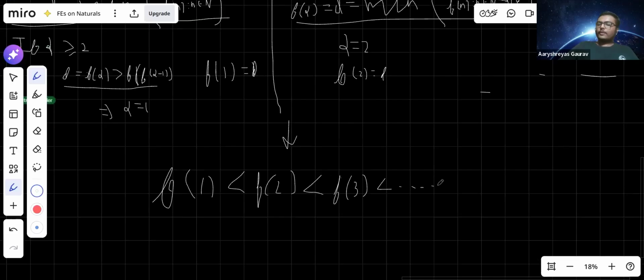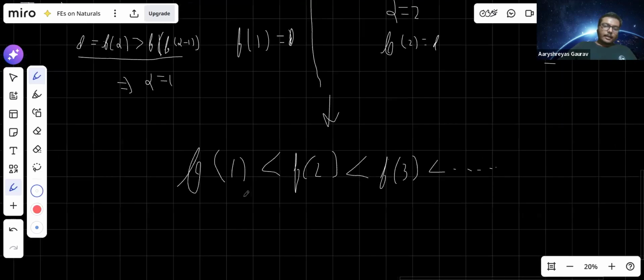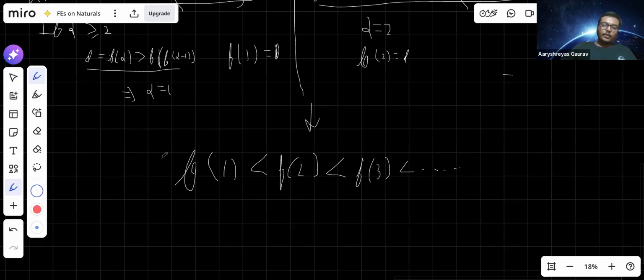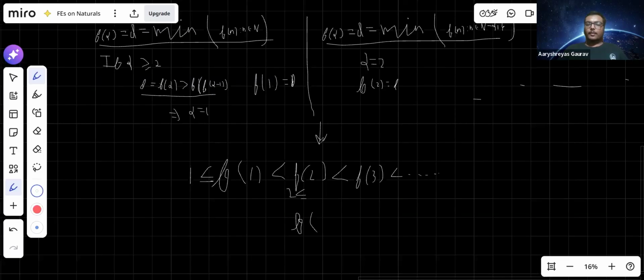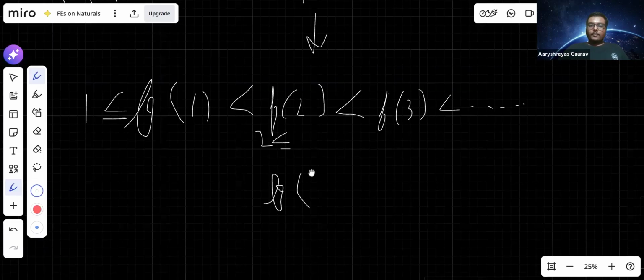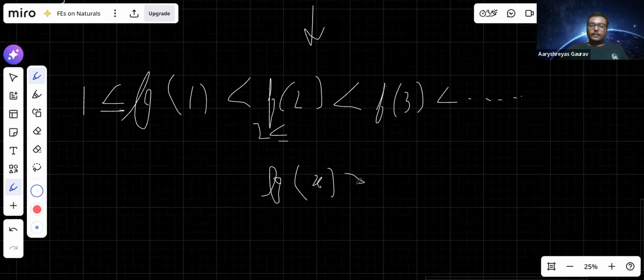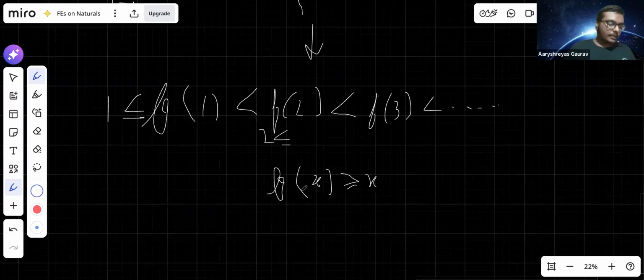So we basically prove that the function is always increasing. And since we are talking about natural numbers, we know this is always greater than or equal to 1. That means f of 2 is greater than or equal to 2, f of 3 is greater than or equal to 3, and so on. So we concluded two things by the above argument of minimums: f of x is greater than or equal to x, and the whole function is always increasing.